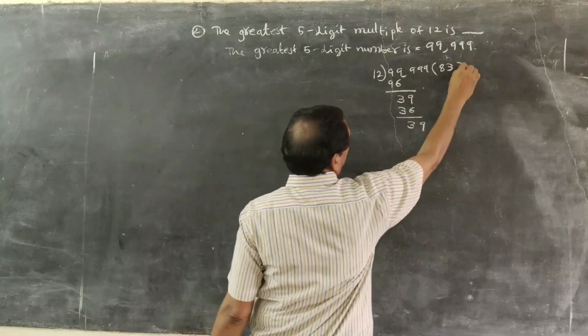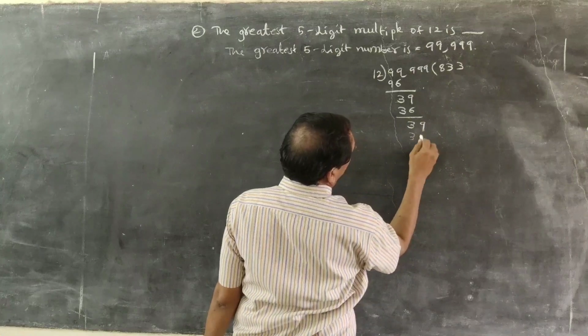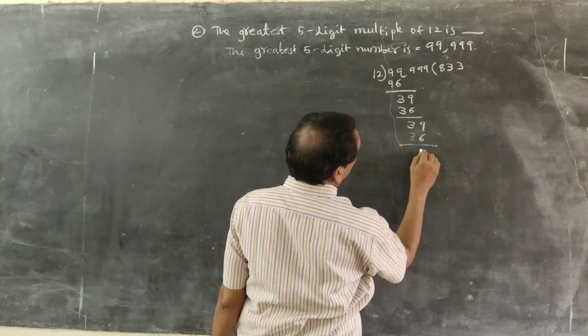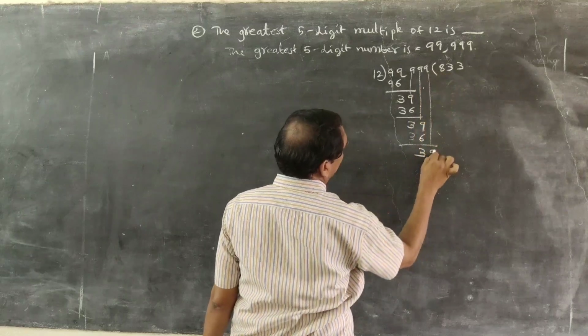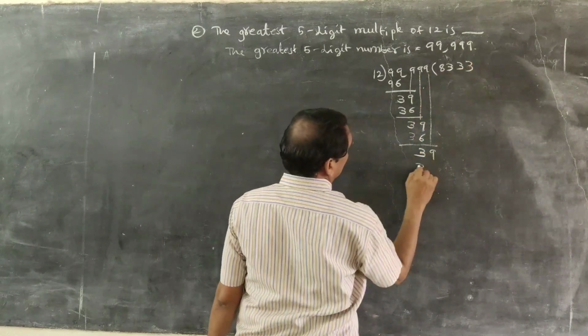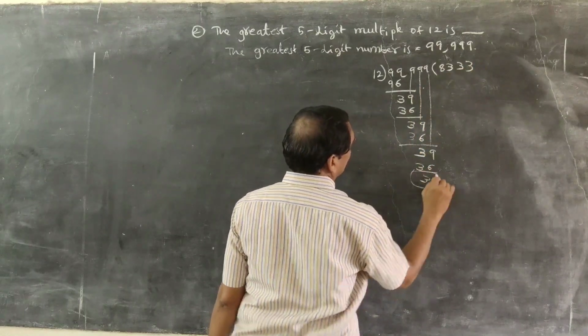Again 12 threes are 36, 3. This is 9, 9. Again write 9. 12 threes are 36. 3 is the remainder.